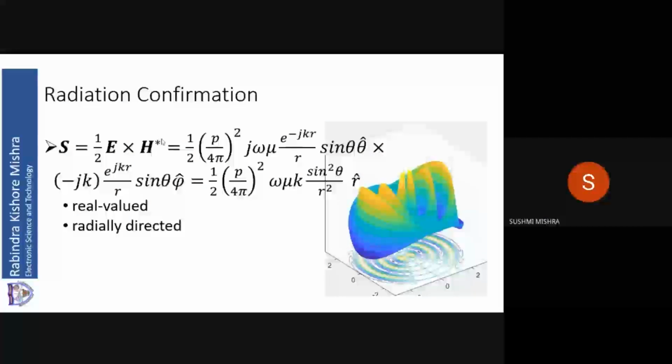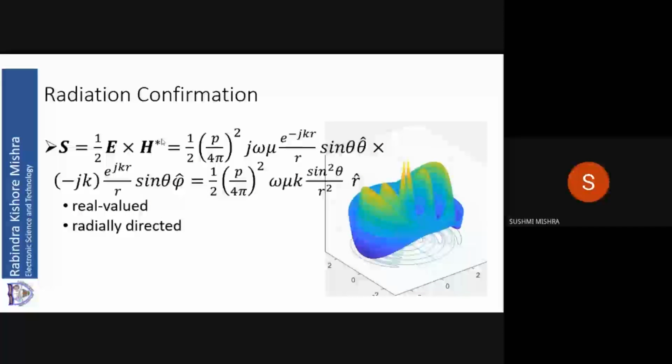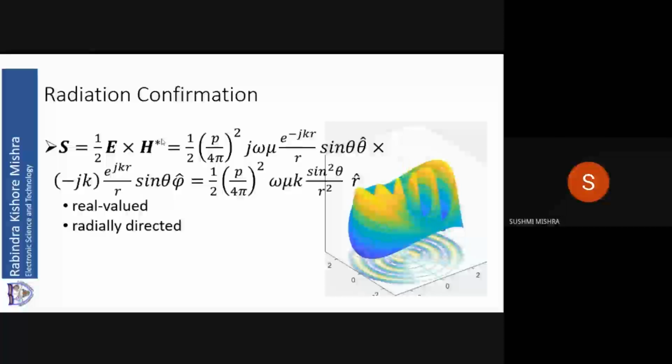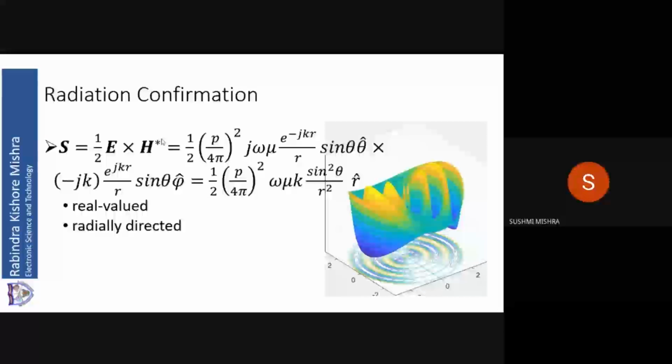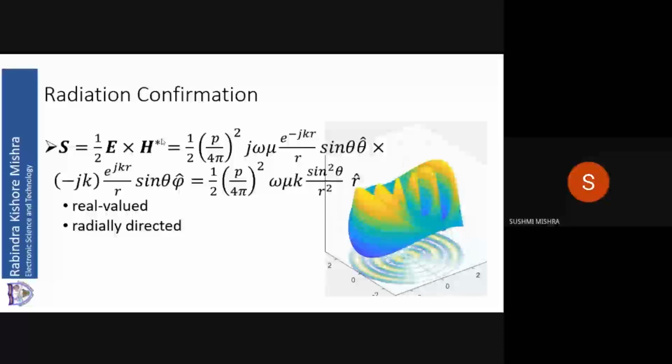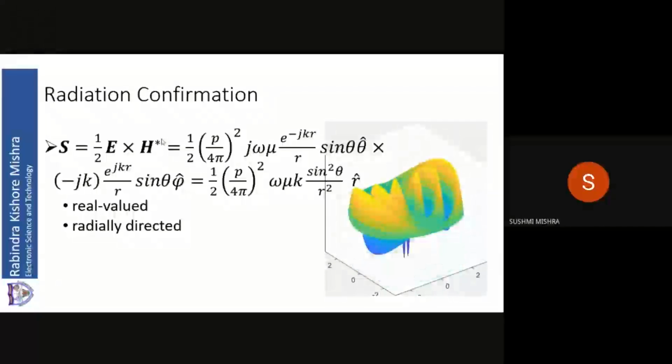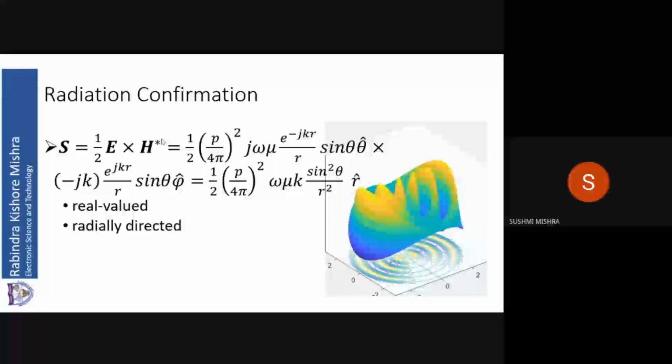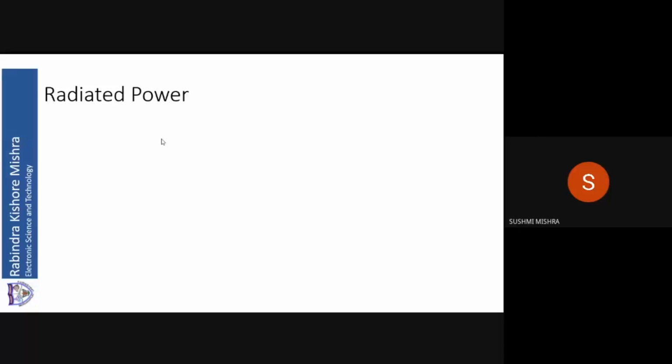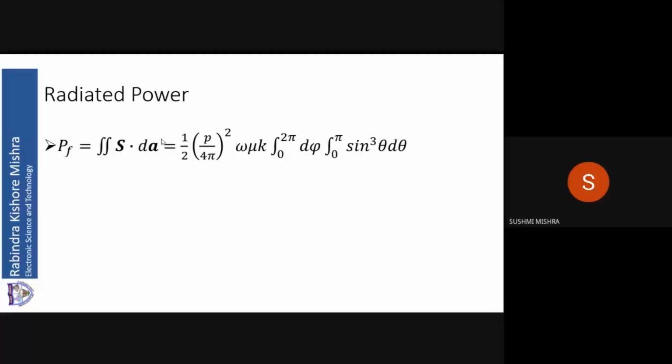At least I should make you conversant in writing a program for the contours that you are seeing at the bottom. So these are radially directed fields. So this confirms that there is power which is radiating out in the radial direction.